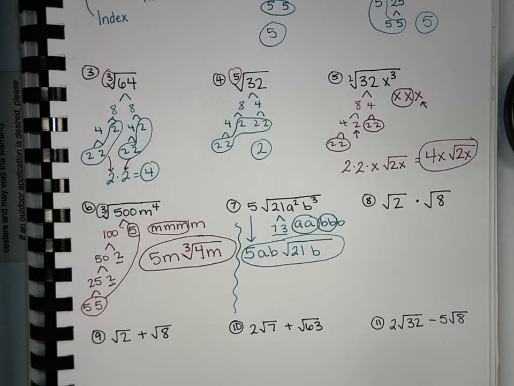Like, what is 2 times 2? 4, so 4 is a perfect square. What is 3 times 3? 9, so 9 is a perfect square, all the way up to 12 times 12. So knowing that 144 is a perfect square, 121, 100, 81, 64, 49, 36, 25, and so on.